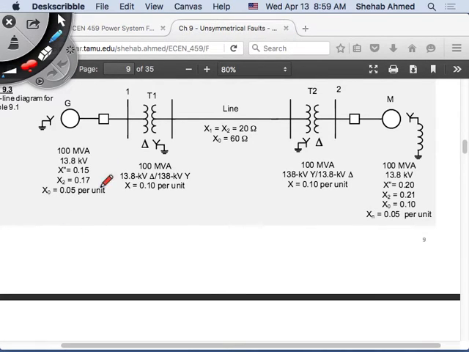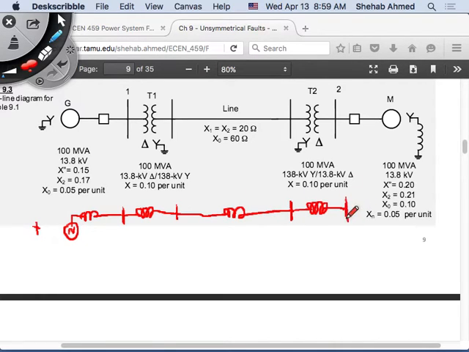I want to draw the positive, negative, and zero sequence circuits. Again, this is a generator. In the positive sequence, it will be the voltage source and its impedance. Transformer, impedance. Transmission line, it's an impedance. Transformer, impedance. Load, in the positive sequence, let's say it's a motor.